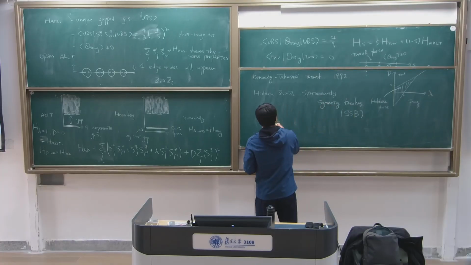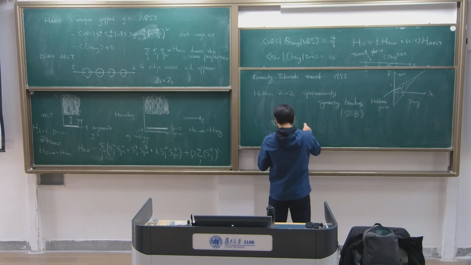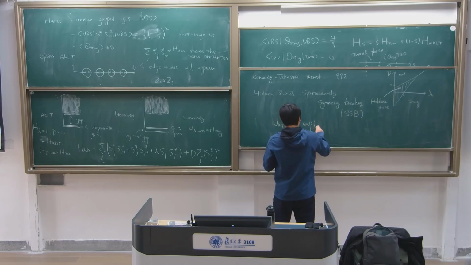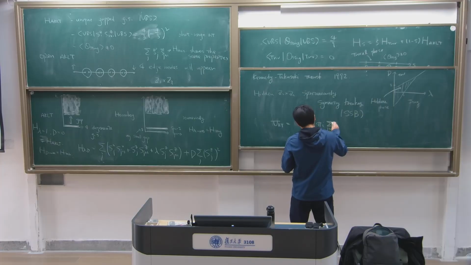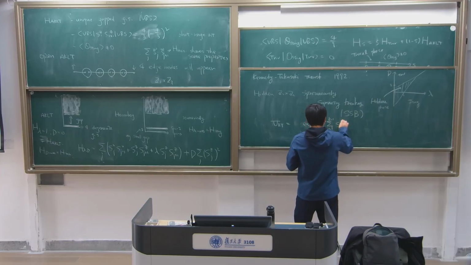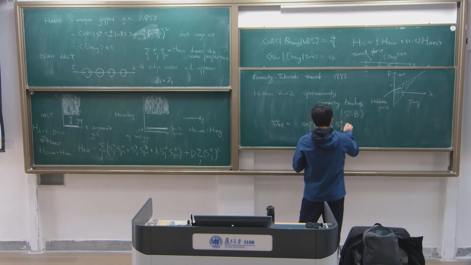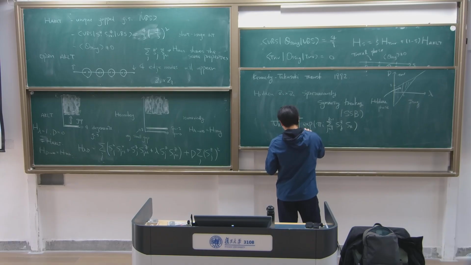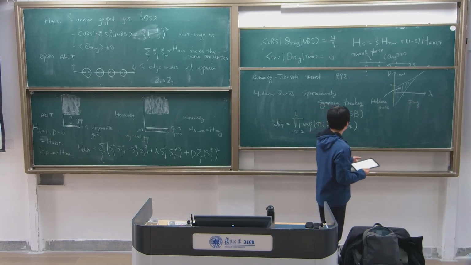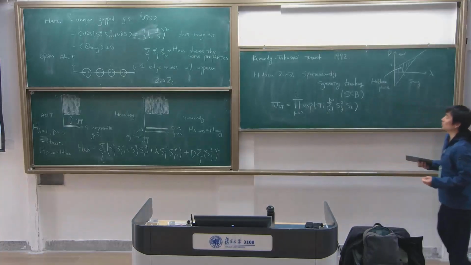So U Kennedy-Tasaki exactly is a product of exponentials. So it's a very, very non-trivial operation you can do.